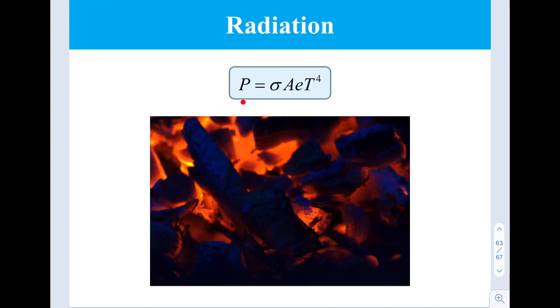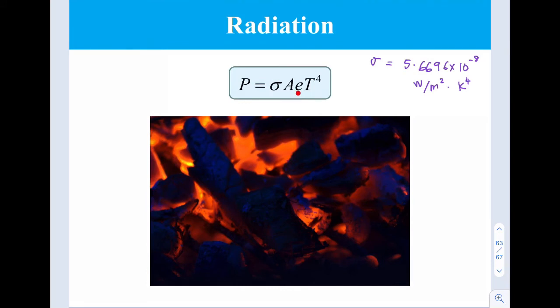P is the power in watts, and sigma is equivalent to 5.6696 times 10 to the power of -8 watt per meter square Kelvin to the power 4. A is the area of the surface, E is the emissivity, and T is the surface temperature in Kelvin.